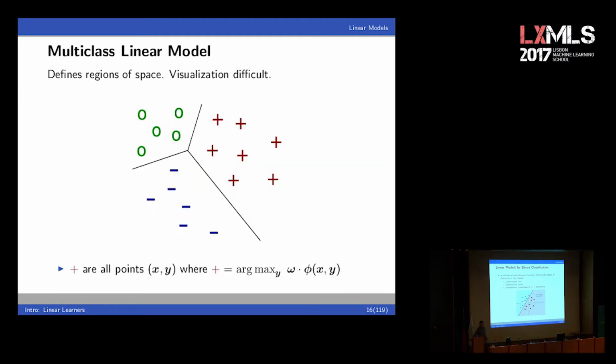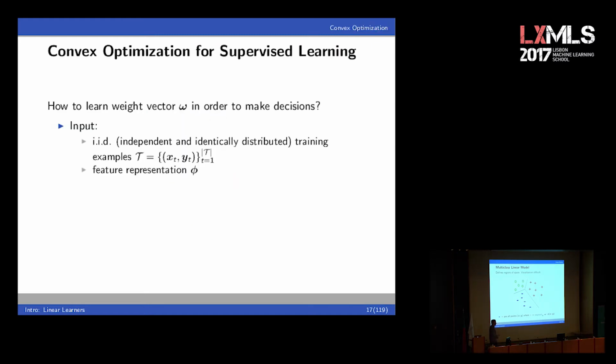And for multi-class classification, it's very similar. You just have to build a partition of your space, and you build several lines. You differentiate the plus labels from all the others, and then the zero labels, and then minus labels from all the others. But it can be built up as a hyperplane classification problem as well.